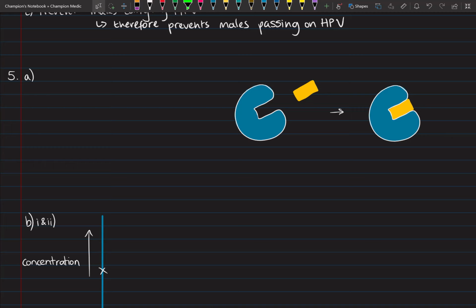So question 5 is a general enzyme question, although we've been given a lot of information. So first, I want to say that the active site is specific, and as a result of that, it's complementary in shape to the substrate.